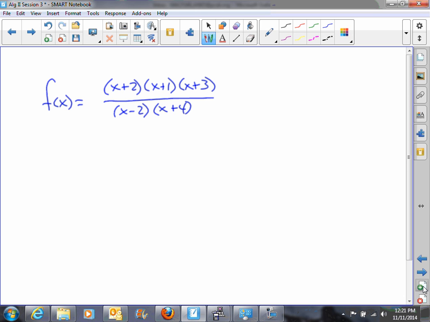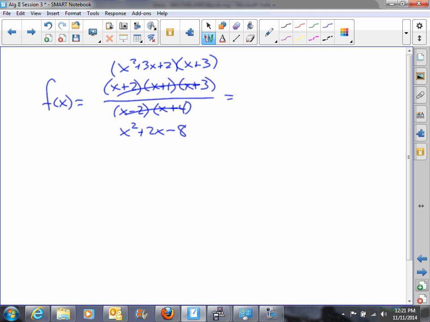So, what have we got? Well, actually, this denominator is going to be x squared plus 2x minus 8. And the numerator, this may take me a moment, is x squared plus 3x plus 2 times x plus 3.